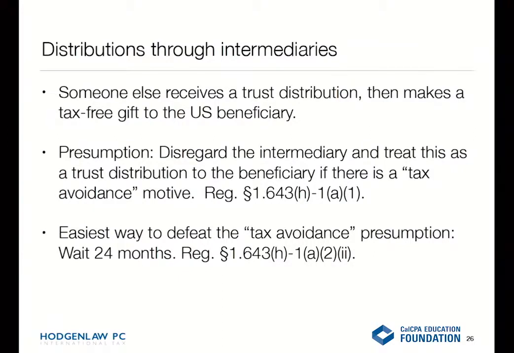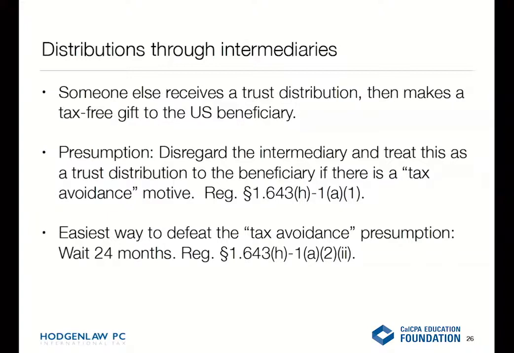Distributions through intermediaries. This is where someone else receives a trust distribution, then makes a tax-free gift to the U.S. beneficiary. If you do this in a two-step transaction like that, the IRS is going to make the presumption that they should disregard the intermediary and treat this as a trust distribution to the beneficiary under the assumption that there's a tax avoidance motive.